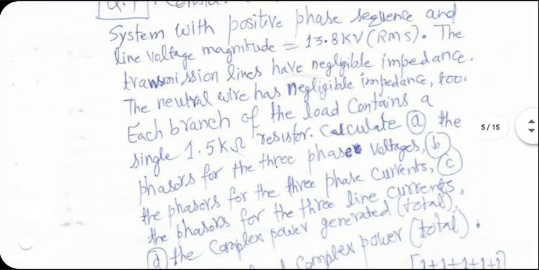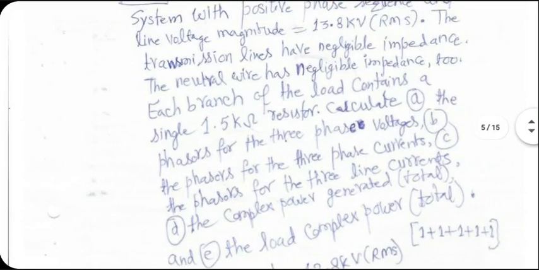Reasonably simple case. Calculate the phasors for the three phase voltages. Okay, I'll show you the solution in case you are not sure. The phasors for the three phase currents. I'll show that again. You know this, but we'll go through it together to make sure you get how to handle all this. The phasors for the three line currents. Okay, actually phase currents and line currents are the same in this case.